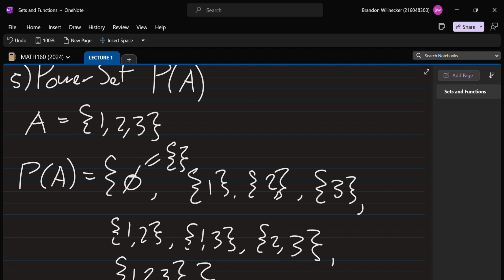And that's all of them, right? If we picked 3, 2, that's already there. Or 3, 1, that's already there. 1, 3 and 3, 1 are the same thing. If we pick 2 and 1, we've already got it. So those are all the 2-element subsets. What about the 3-element subsets?